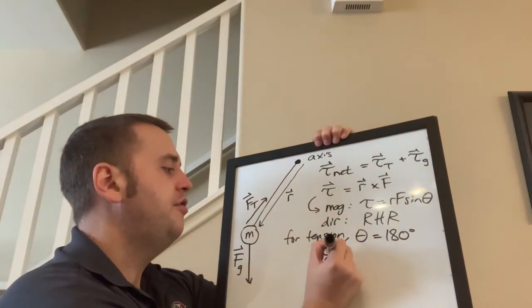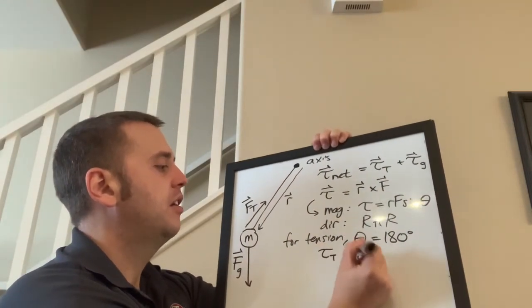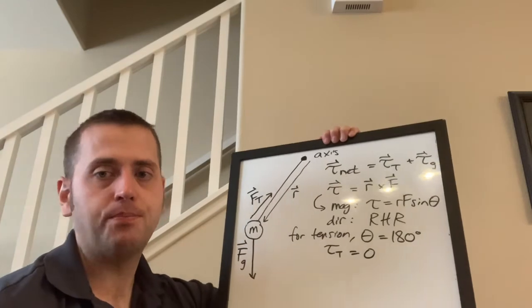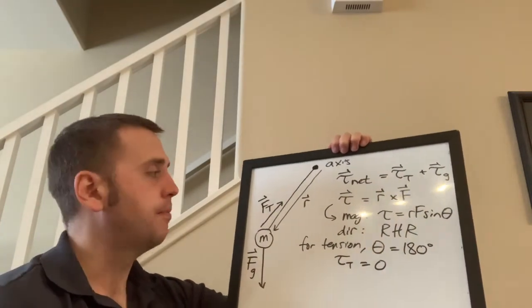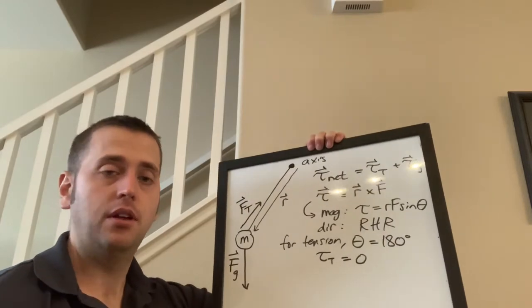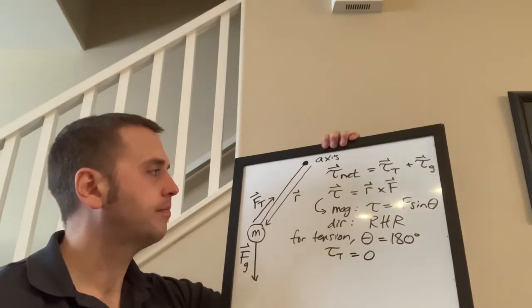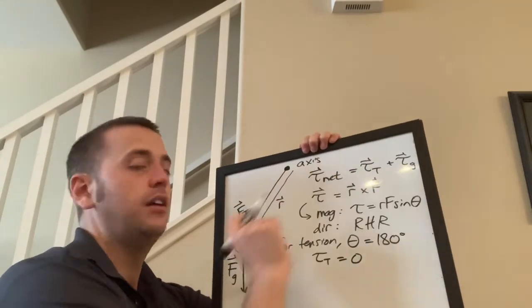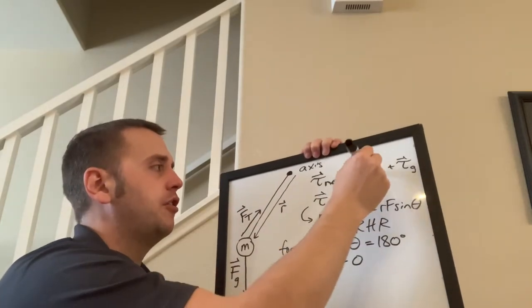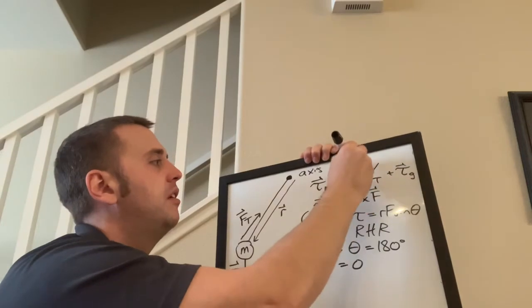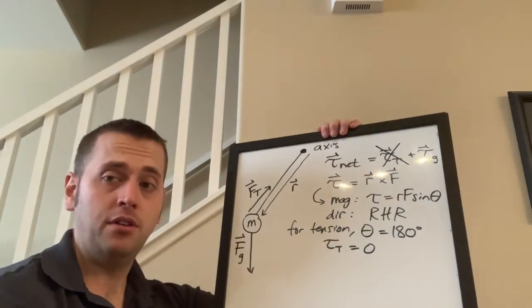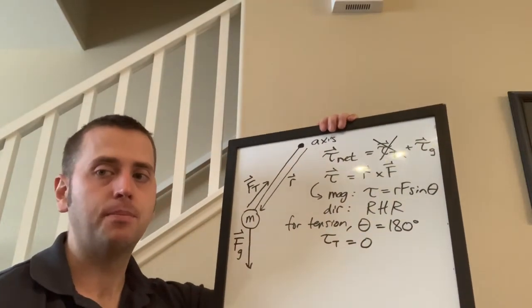In other words, the tension is not causing any torque. On the other hand, gravity will be inducing a torque. And if we want to see how that works, we'd have to use the right-hand rule. So basically, here's the idea. The net torque is the sum of the torque due to tension plus the torque due to gravity. Just cross off the torque due to tension. The only thing that matters is gravity here.